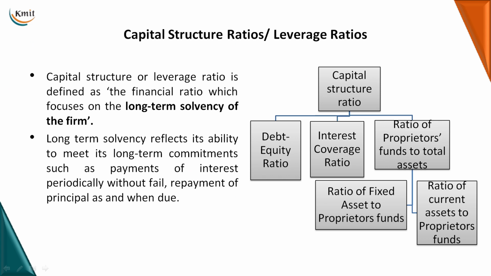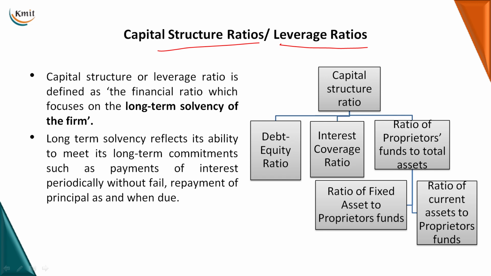The third type of ratio that we are supposed to learn today is capital structure ratios, otherwise called leverage ratios. Before we go ahead with the discussion of these ratios, we need to understand the capital structure and its significance for any firm.